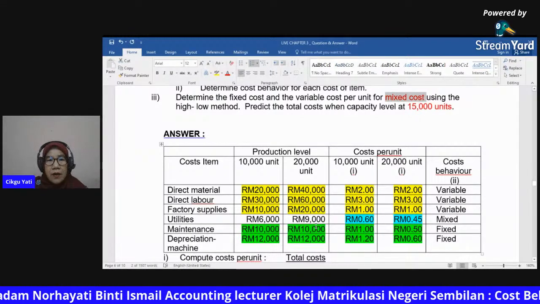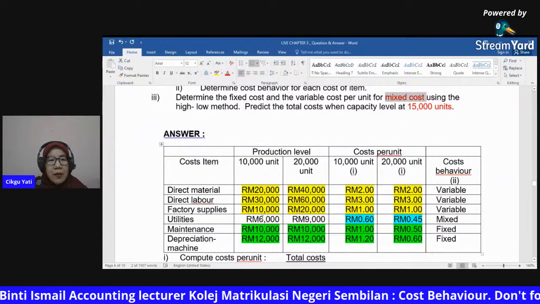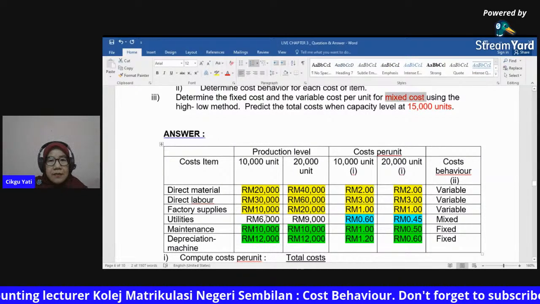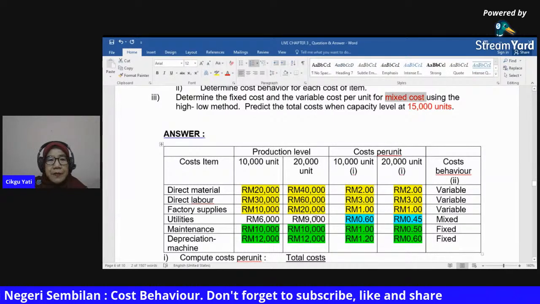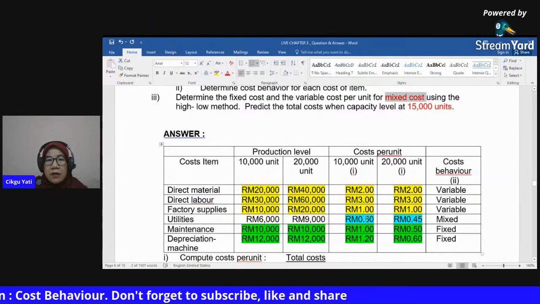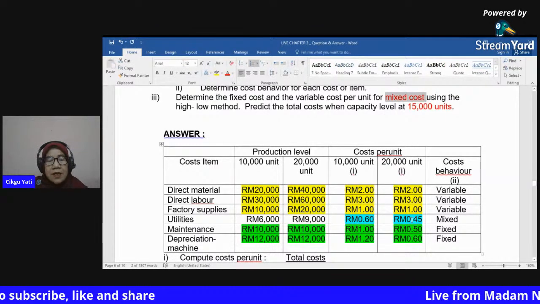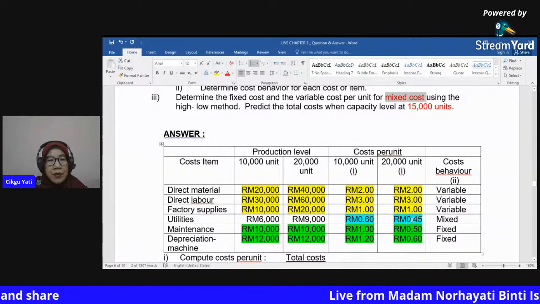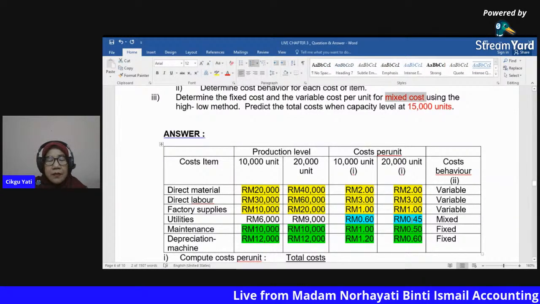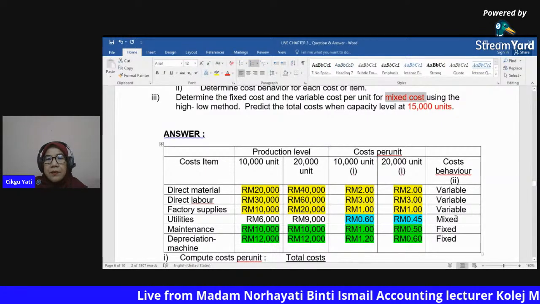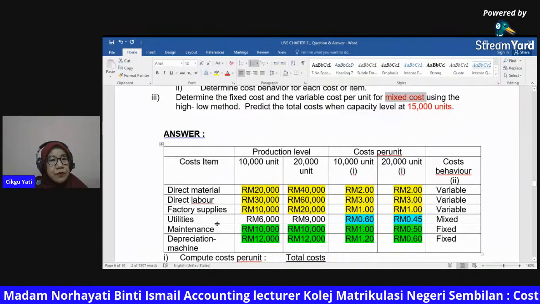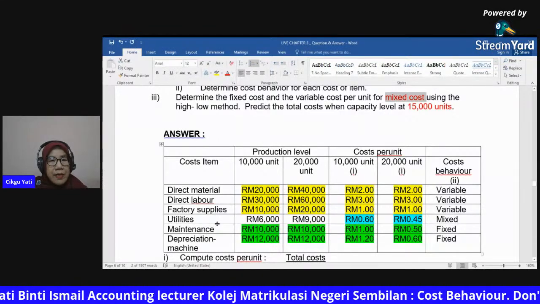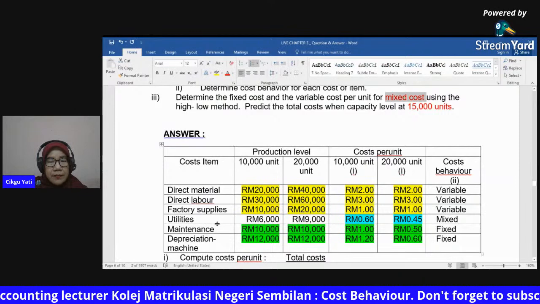Okay, for the mixed cost, you can see that the amount is increased, and this one cannot be categorized as variable cost because the cost per unit is decreased. That means it contains variable cost and fixed cost, so you have to segregate using the high-low method.